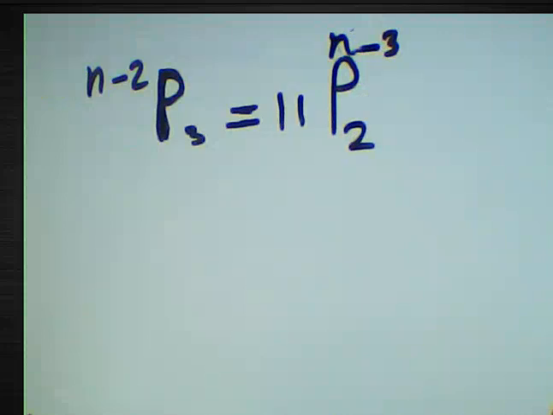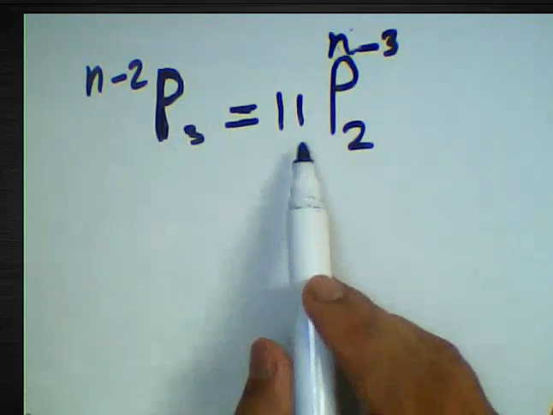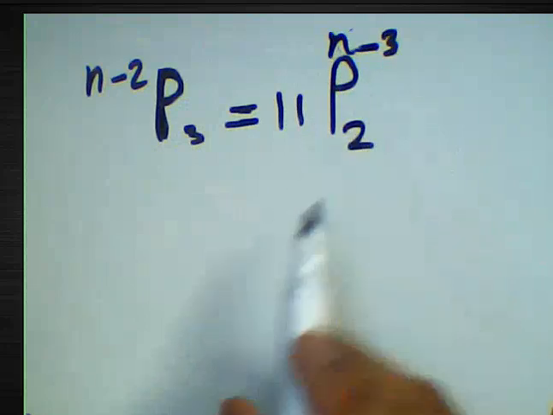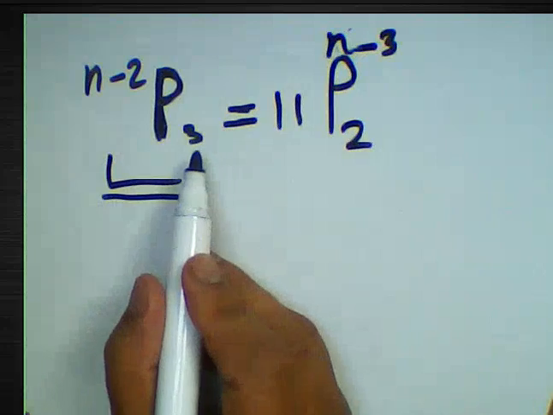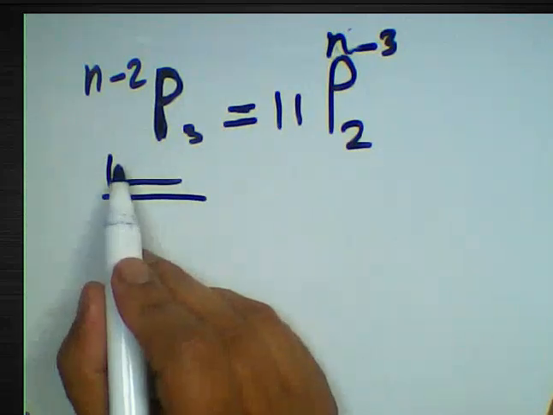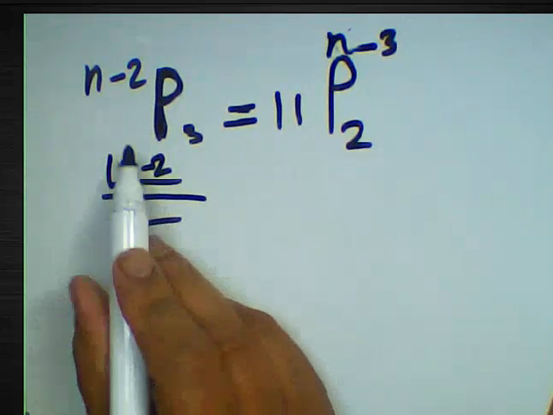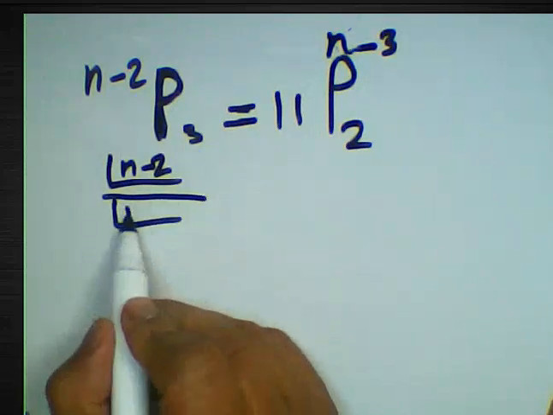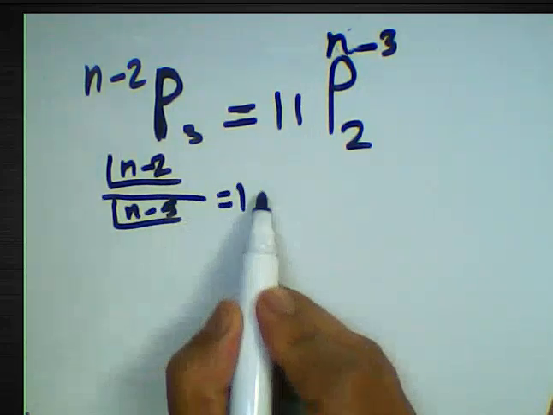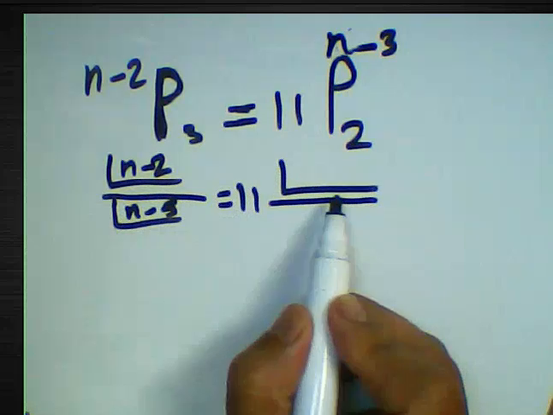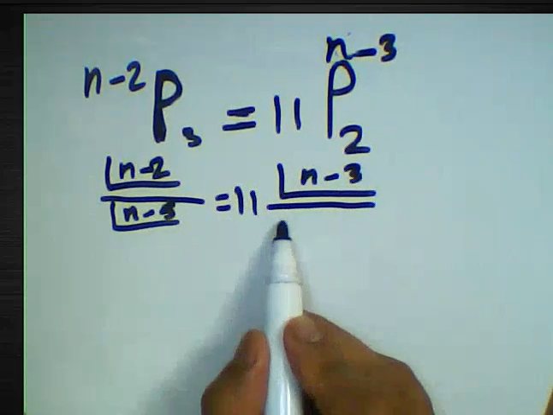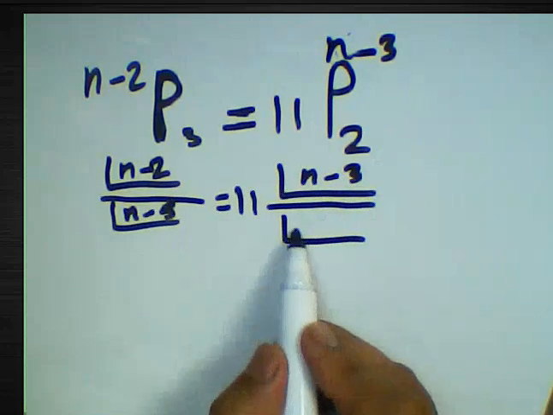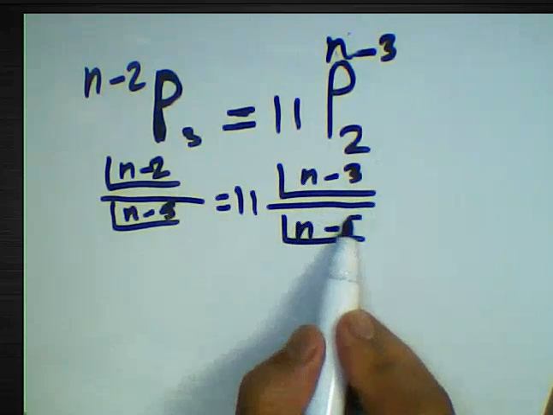In this example, we want to find the unknown n. If C(n−2, 3) equals 11 multiplied by C(n−3, 2), we must find the unknown by using properties. Convert from combination to factorial: factorial on the top, and the difference between them will be n minus 2 minus 3, which is n minus 5. It will be 11 times factorial on top, factorial of the difference between them, n minus 5.